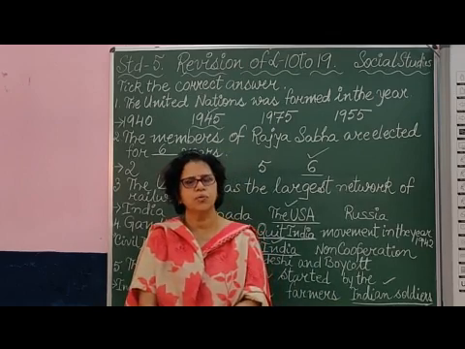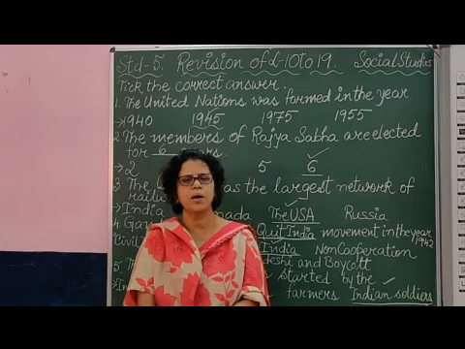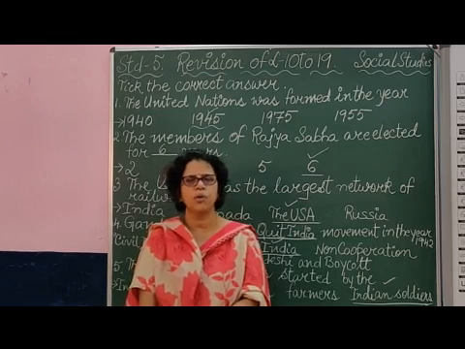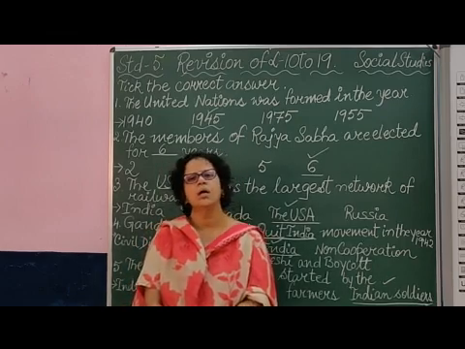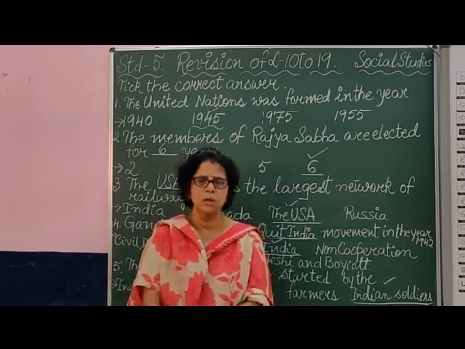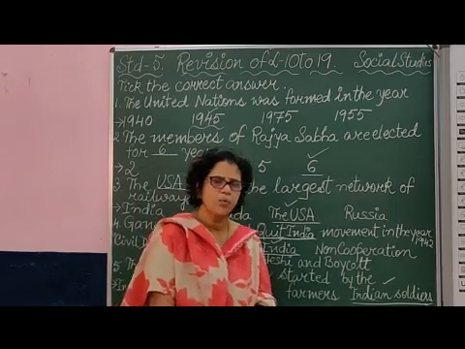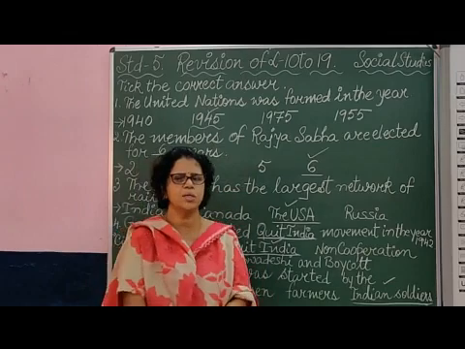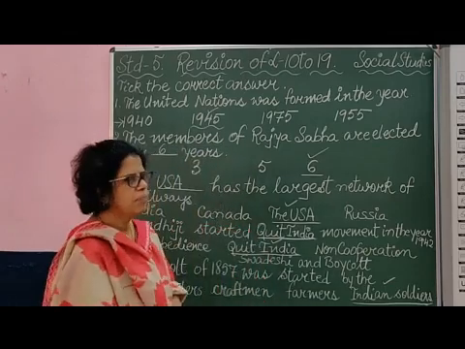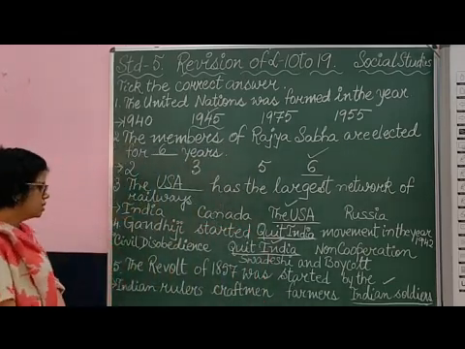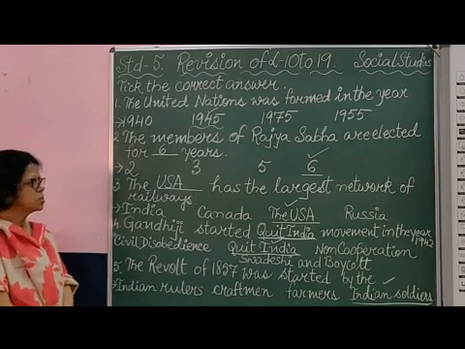So the revolt started, and it was Mangal Pandey who called for the revolt, and he shot a British officer in Barrackpur, and this is how the revolt started. And then the Indian rulers started the revolt in Meerut. So it was Indian soldiers who started the revolt.